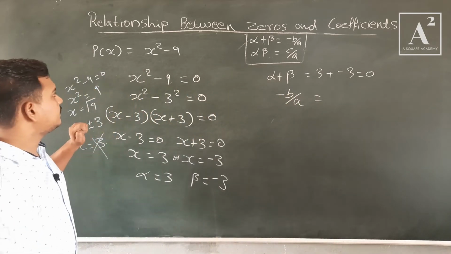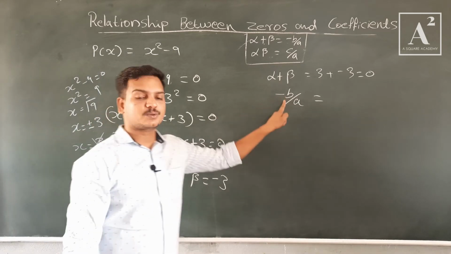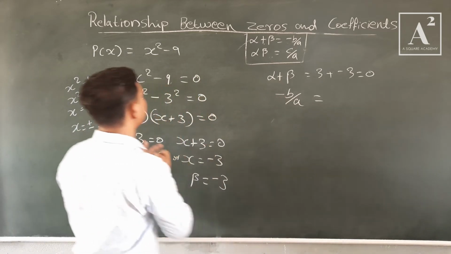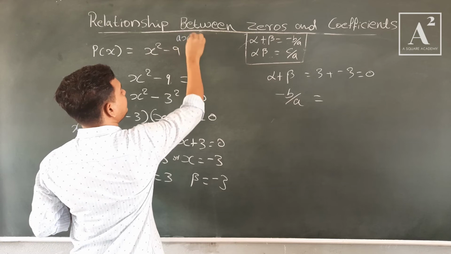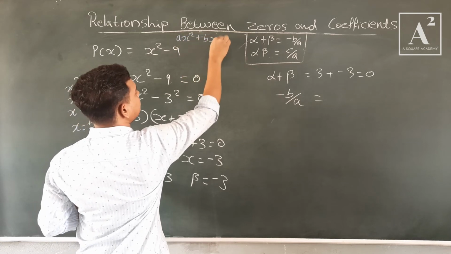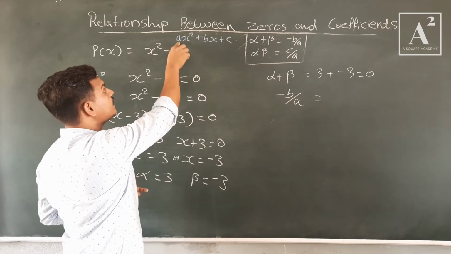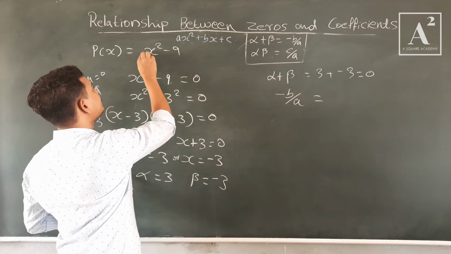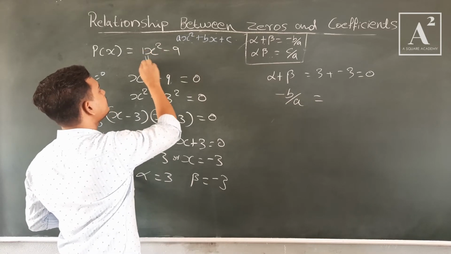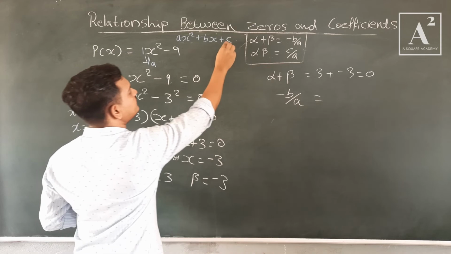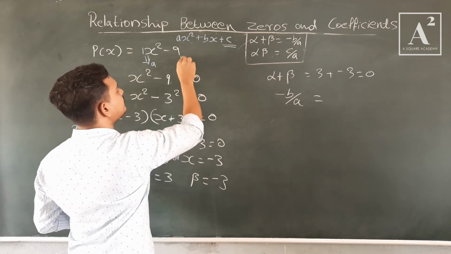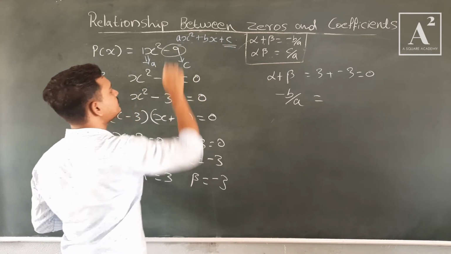Okay, minus b by a, b means the coefficient of x, right. We have the general form, right, ax square plus bx plus c. The coefficient along with x square, that is a. The constant term without any variable is c.